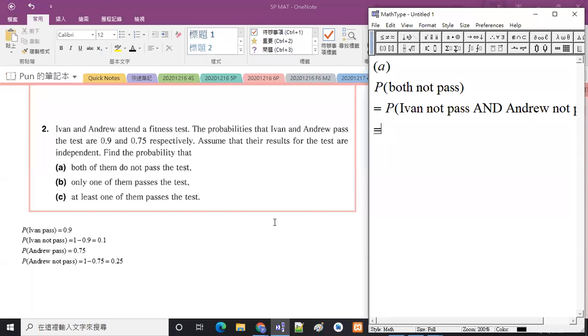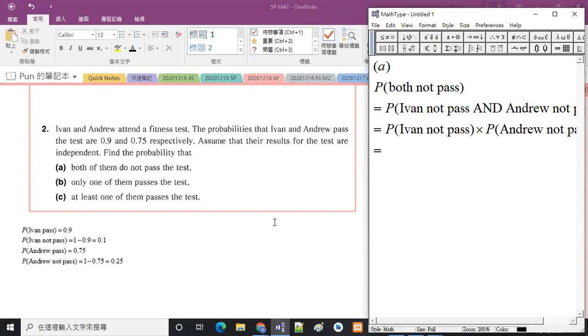And they are from different sources. I mean the possibilities are from different sources. The first not pass is from Ivan, and the second not pass is from Andrew. So we can split this probability into a product of two probabilities: P(Ivan not pass) times P(Andrew not pass).